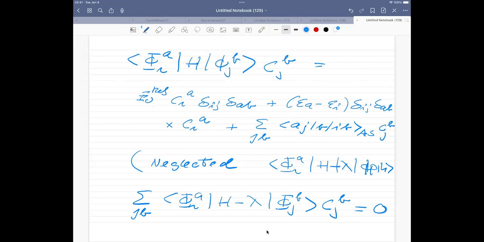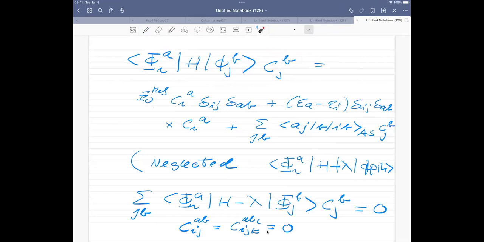Now I have put these coefficients ABC to 0, without knowing whether that's correct or not. So that's an approximation which I'm making. If I do this and plug in what we have here for that specific matrix element, I can rewrite this equation in a very compact form.